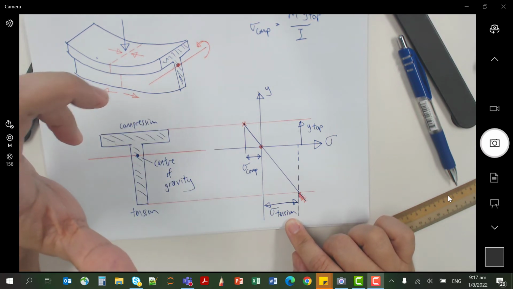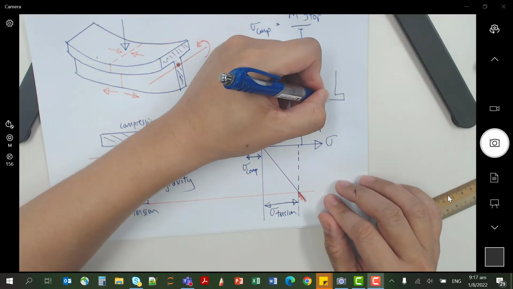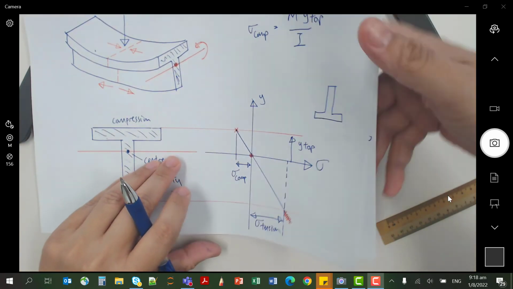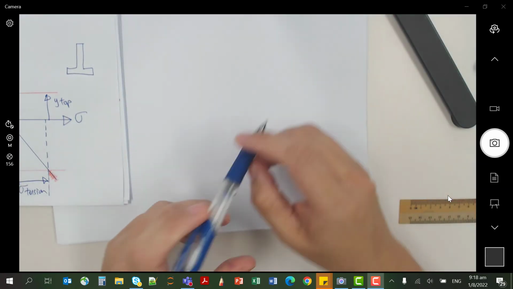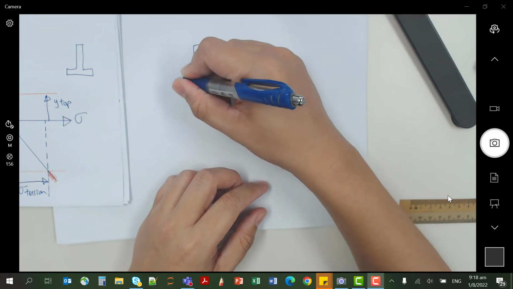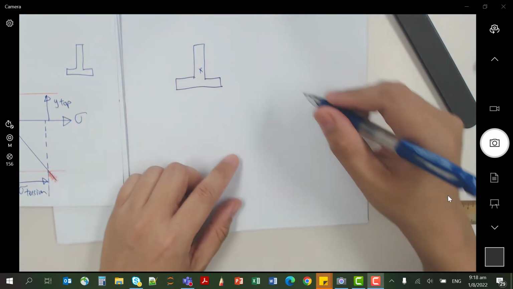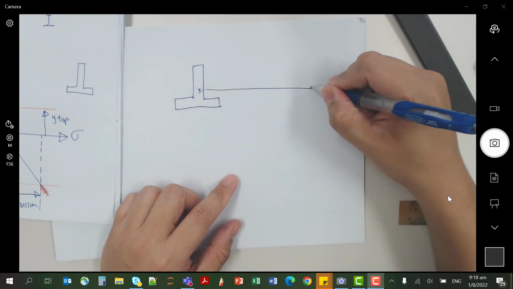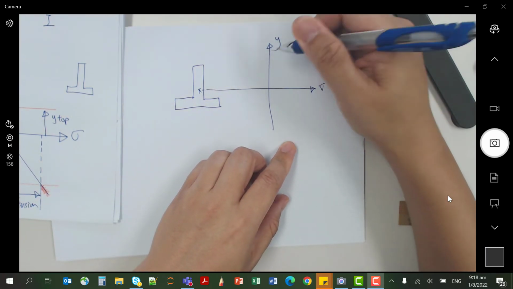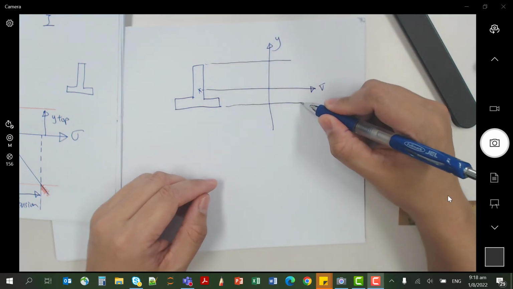If you think about it, if now the beam is an inverted T, maybe we draw this. The beam is now an inverted T. Your CG will now be lower, right? And then you place your sigma axis here. You place your y axis here. The top will be here. The bottom will be here.